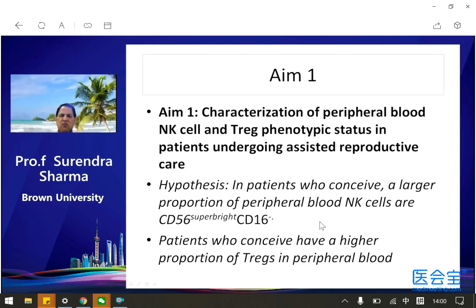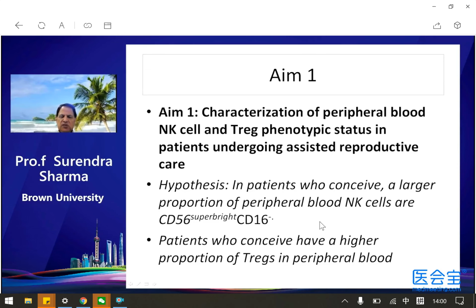So this is aim one that we set out in our studies: characterization of peripheral blood NK cells and Treg phenotypic status in patients undergoing assisted reproductive care.